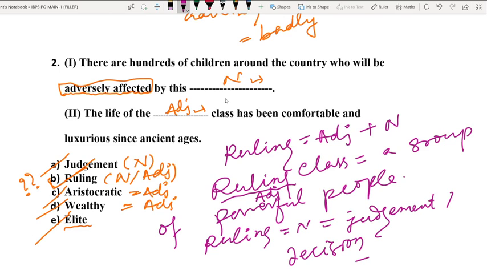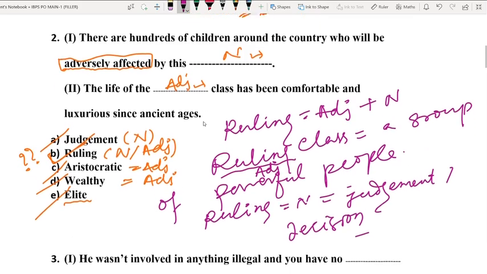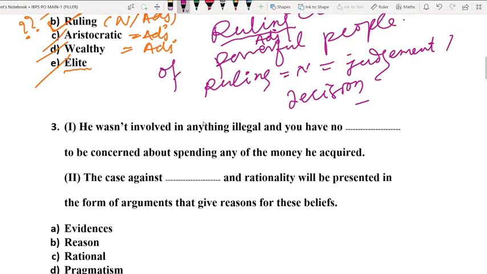Clear? So now the first sentence with ruling in the first blank gives this meaning, that hundreds of children around the country will be badly affected by this decision of the court. So now hopefully this part is absolutely clear. So now we are moving on to the very next question.